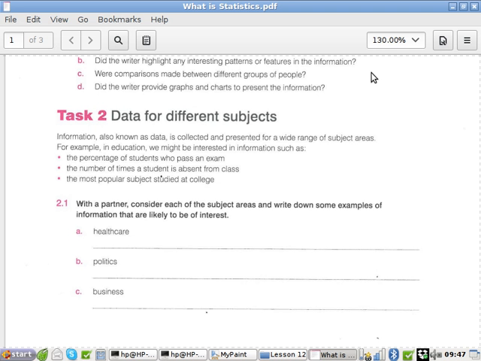Azumi, what did you have for politics? Number of politicians, yeah. GDP? Yeah, okay, that can be in politics. How many percent people support it? Percent support, yeah, good. How many people participate in elections? Yeah, how many people vote? Yeah, yeah. Starry? No, it's okay.